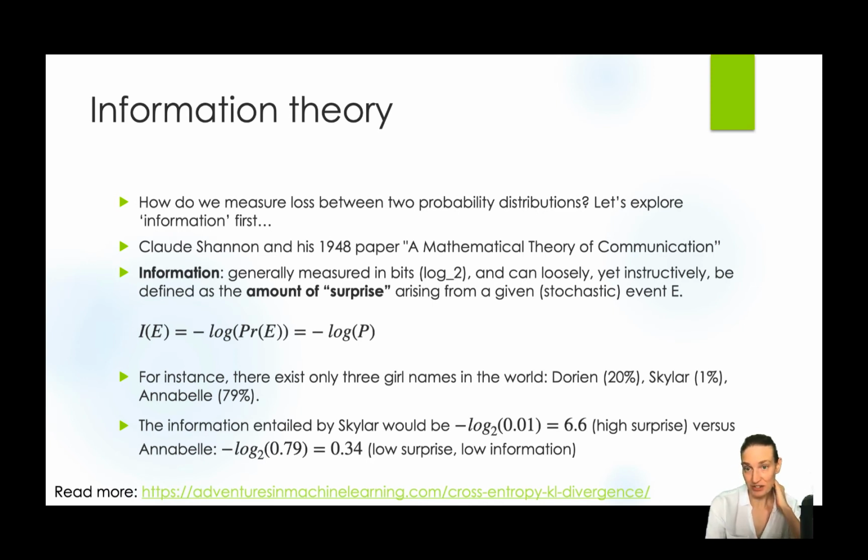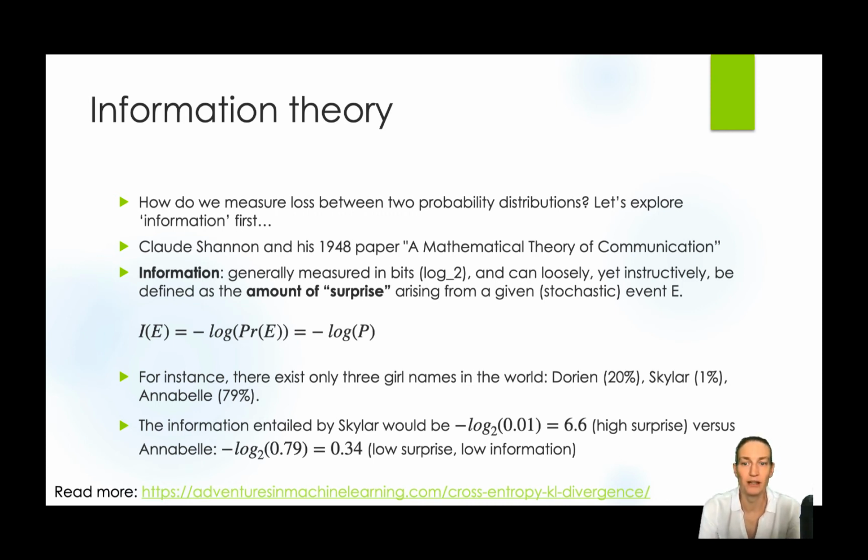Information is generally measured in bits. Okay. And very loosely, you can say it's the amount of surprise that's arising from an event E. Okay. So it's defined as a negative log probability. Okay. Let's take an example.